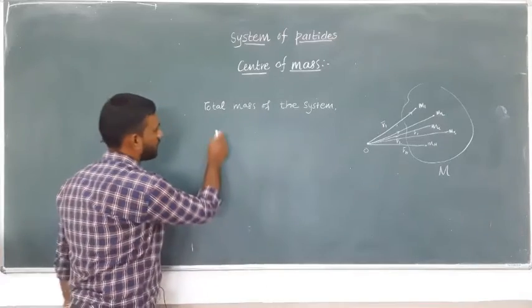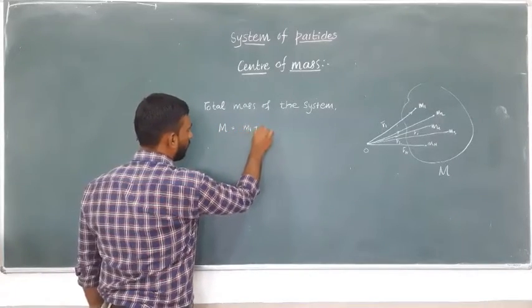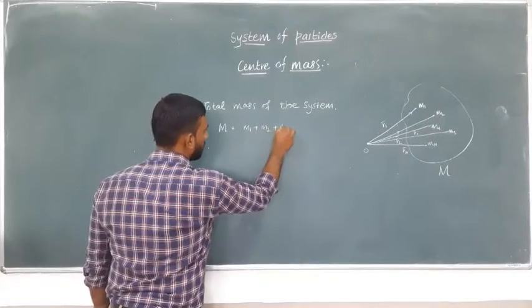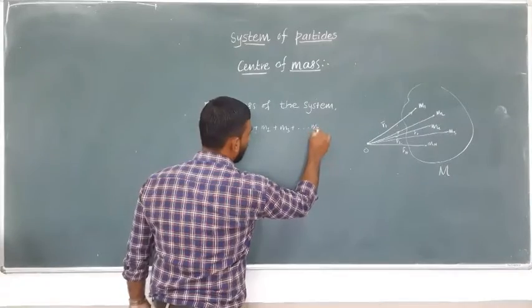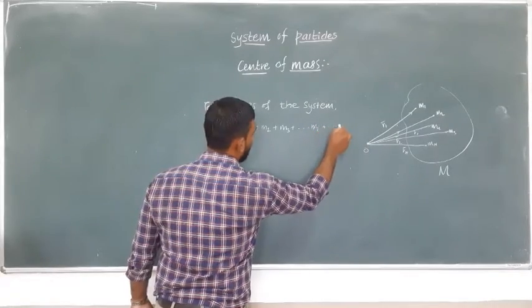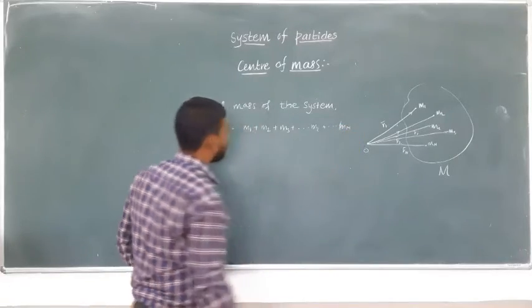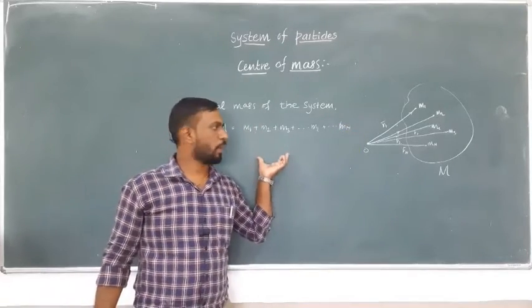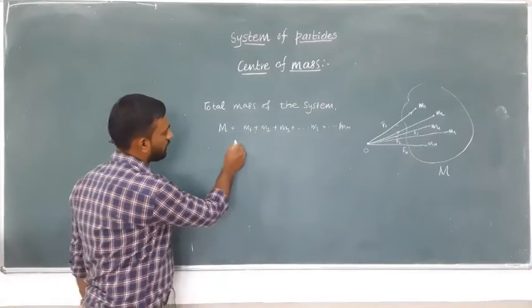So m is equal to m1 plus m2 plus m3, up to, in between, let's say mi, up to mn. If you sum up all those masses of the particles, we get the total mass of the system.